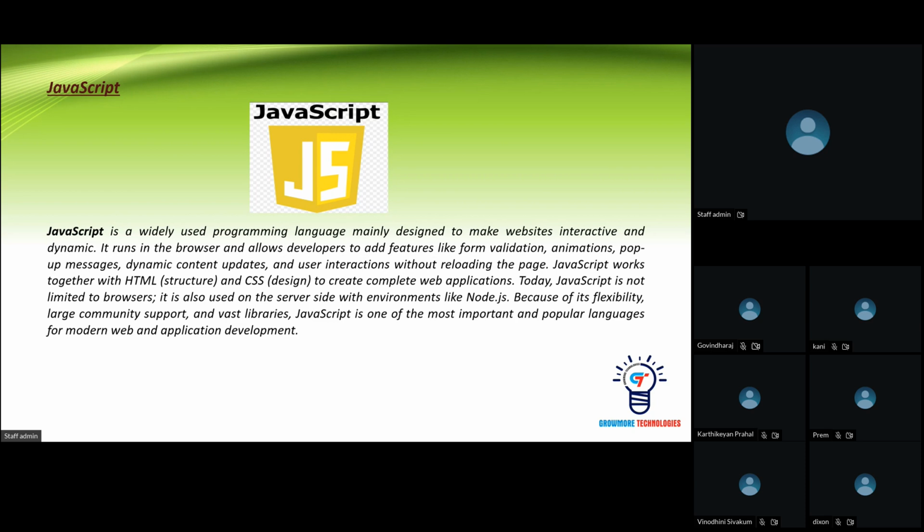HTML is the skeleton, CSS is the appearance, JavaScript is the brain. Whenever you're developing any website, HTML is the skeleton, CSS is the appearance, and JavaScript is the brain.